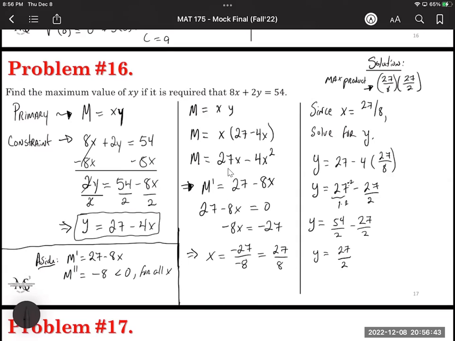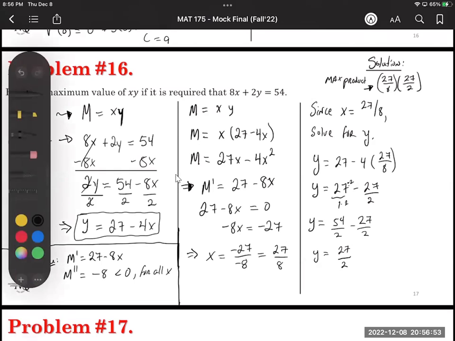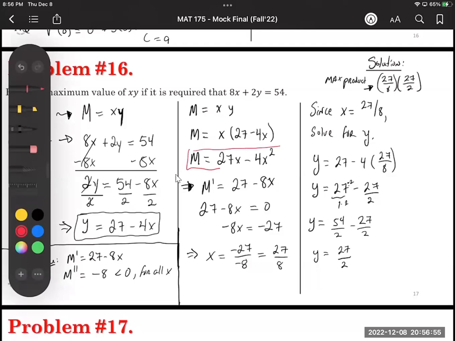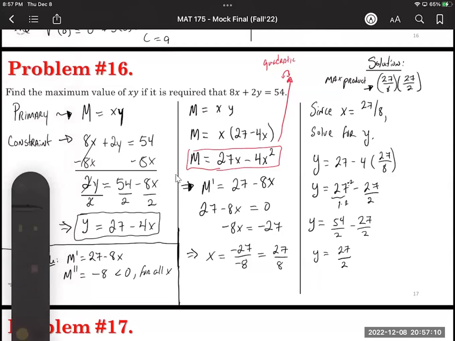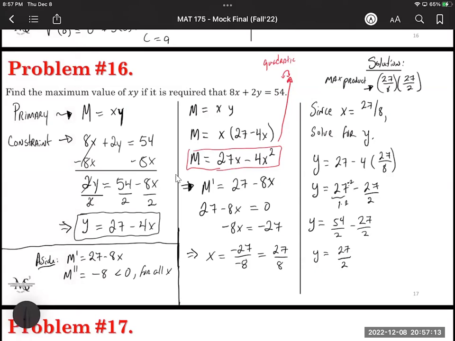Another way to look at why we are finding a max, or how I know that this is a max, is that the 27x minus 4x squared, this original equation here, is a quadratic that opens downward, right? It has a sad face. It's a quadratic that opens downward. So those are all key components that give you a good indication that you're fine, that your x value is legit, that it is a max.